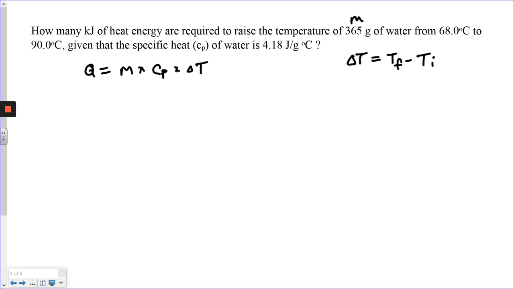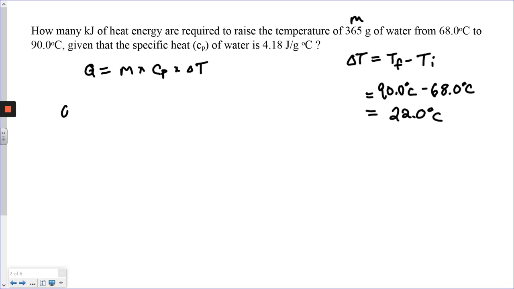So in this case, the final temperature was 90 degrees Celsius, and the temperature initial was 68 degrees Celsius. So our delta T in this case is going to be equal to 22.0 degrees Celsius.